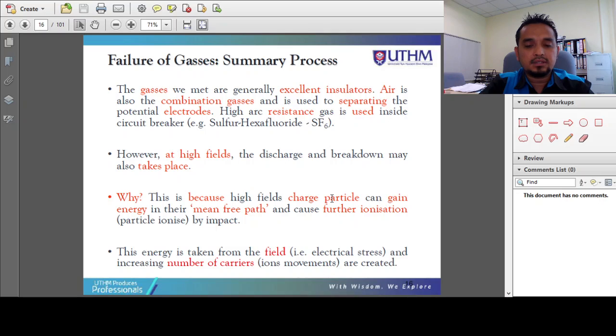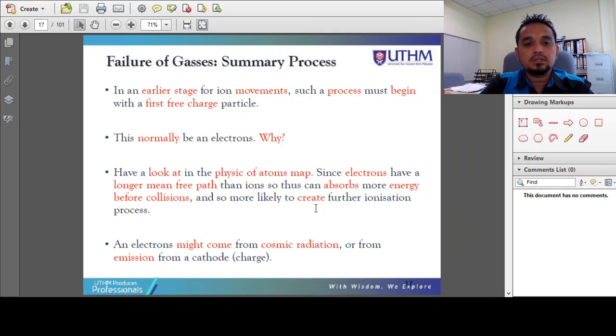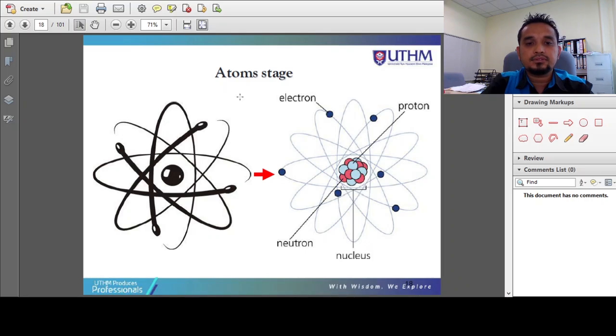If we go to the basic construction of an atom or molecule, we have the proton, we have the nucleus, and obviously the one at the orbital shell is the electron.